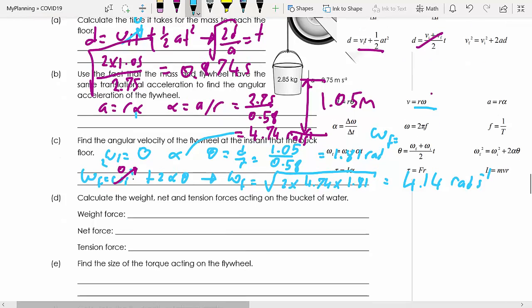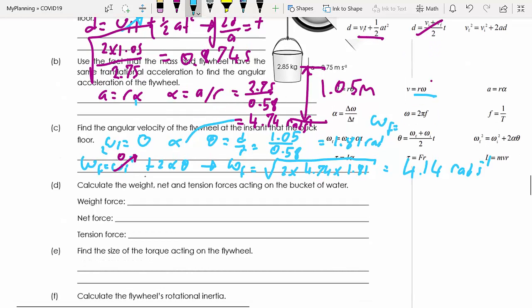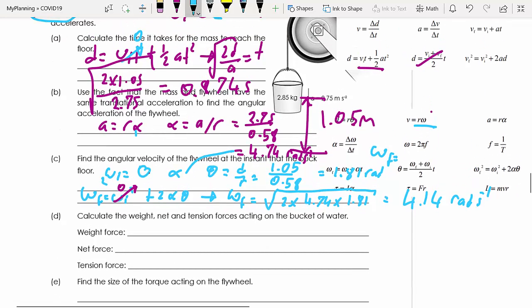Okay, moving on to D. Calculate the weight, net, and tension forces acting on the bucket of water. Okay, so weight force is mass times gravity, and so 2.85 kilograms is quite a significant bucket of water. 2.85 times 9.81 gives you 27.959 newtons, not the correct number of figures.